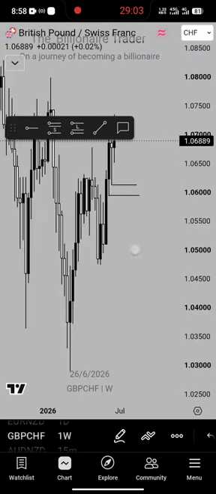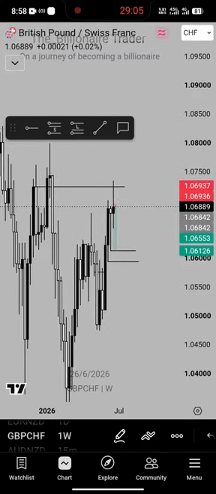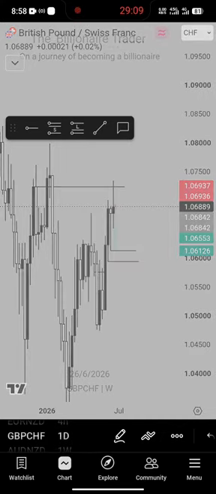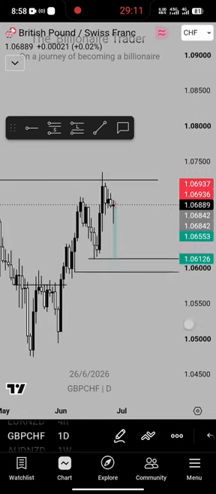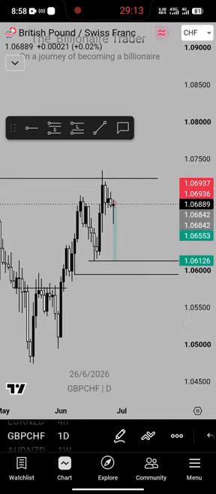But there are some, okay, this is GBPCHF. Last week we swept previous week high and rejected.